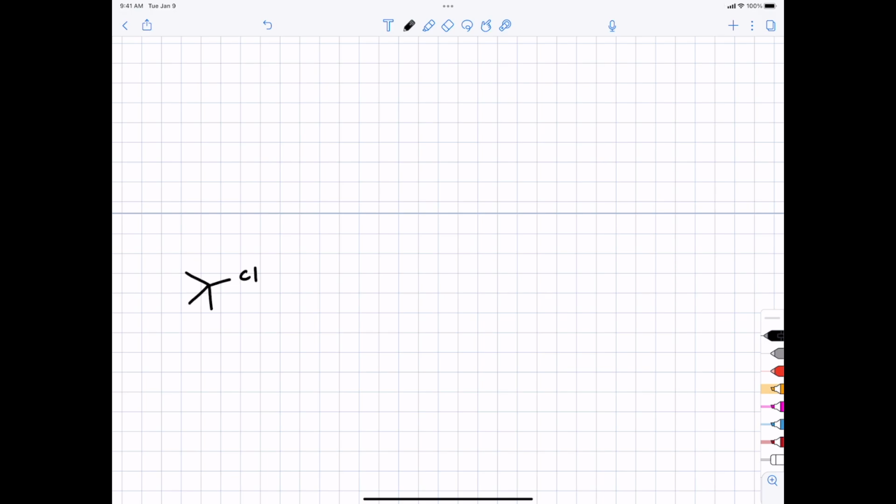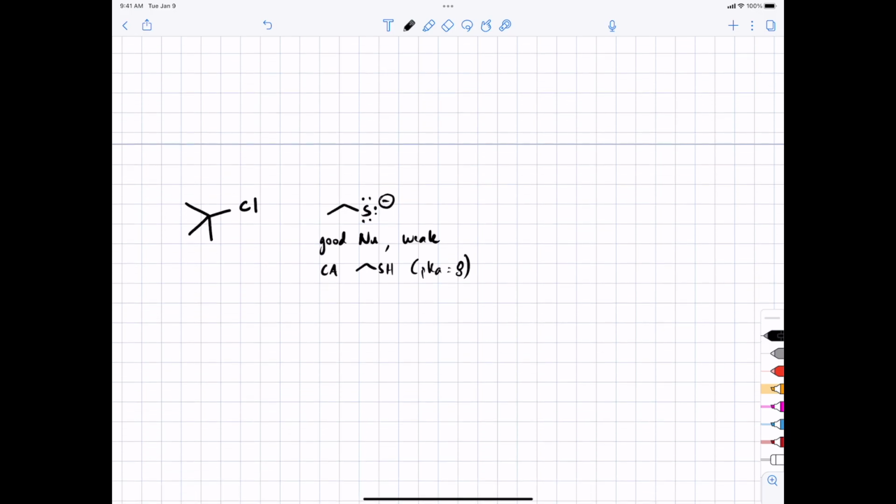So let's go ahead and use perhaps this thiolate that's a good nucleophile but a weak base. The thiolate has a conjugate acid, thiol, whose pKa is around 8.